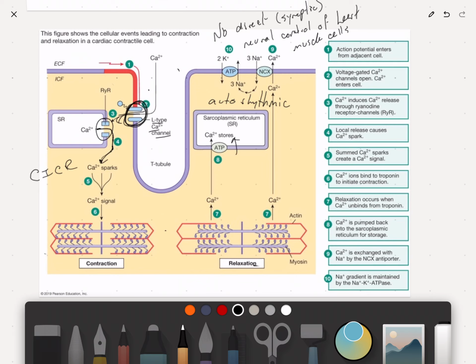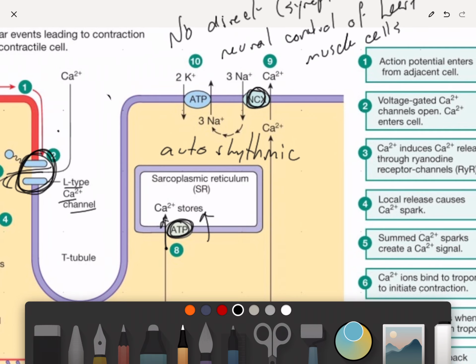Now, once it's done in skeletal muscle, all of the calcium goes back into the sarcoplasmic reticulum. In cardiac muscle, calcium ATPase is pumping like crazy to get the calcium back in, but you also have this guy right here, the NCX, or the sodium calcium exchanger, that pumps calcium out and sodium in.